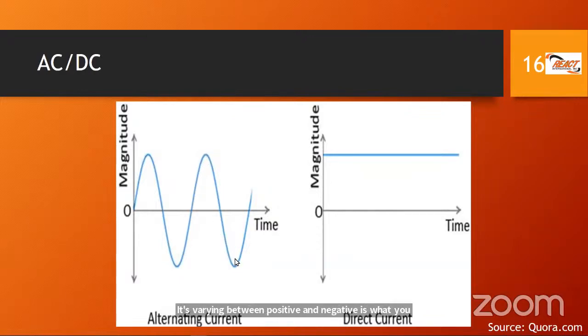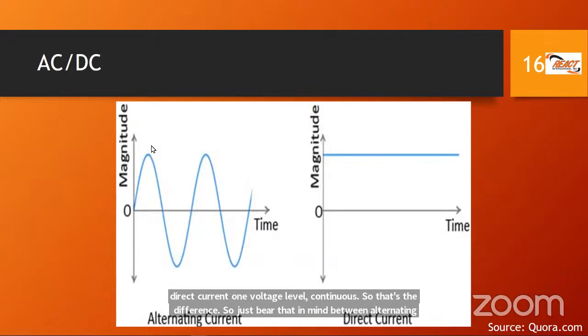It goes up, comes down, passes through zero, goes up, and comes down. This is alternating current. But direct current is one continuous voltage level. That's the difference, so bear that in mind as we discuss rectification and power supplies.